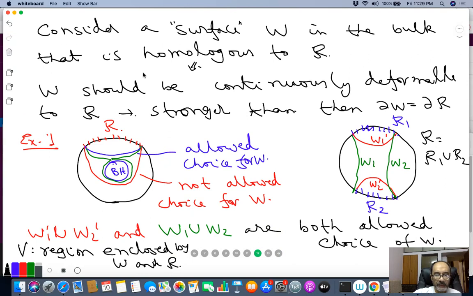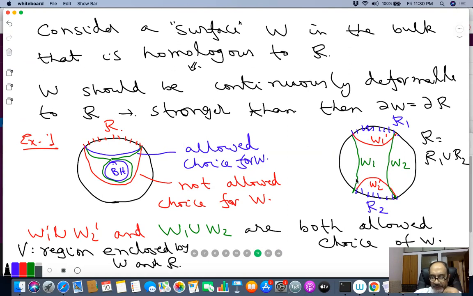If W is homologous to R, if it can be continuously deformed to R, then that means there is some region of the bulk that is sitting in between W and R. For example, here, if this is the choice of W, then the region is this one. Here, if the choice of W is W1 prime union W2 prime, then the region in the bulk is this one union this one.